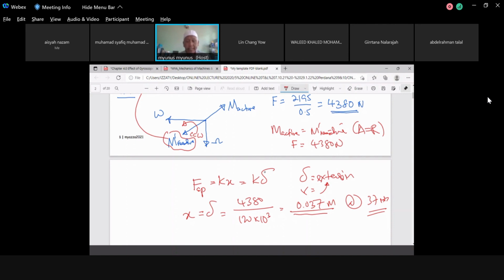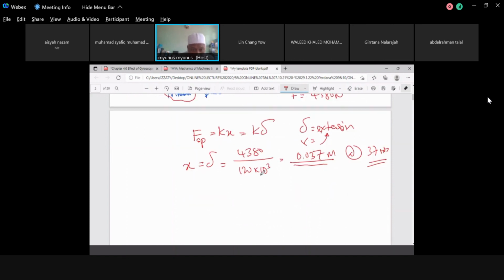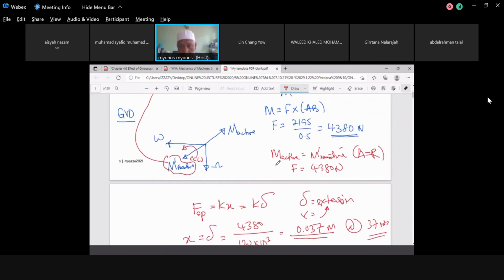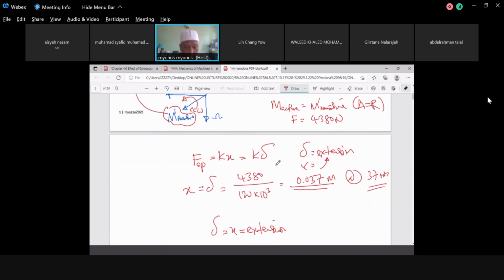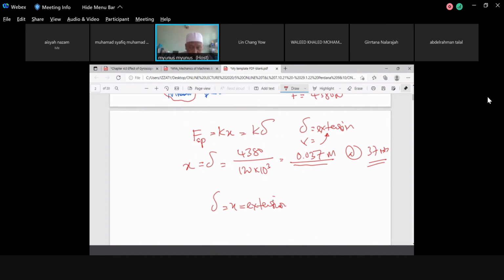Okay. So now you know that that is the extension. There is a number here, and you do not know whether it's extension or not. Delta is equal to x, the extension. Remember, the extension can be tension, it can also be compression.